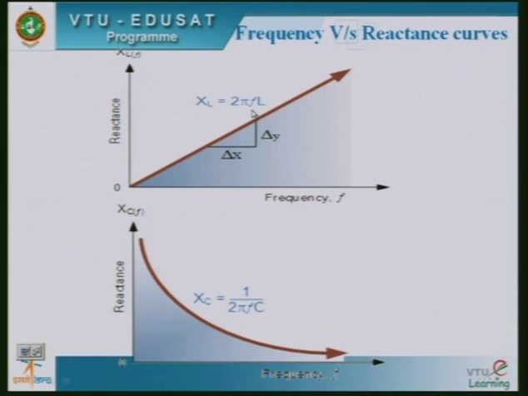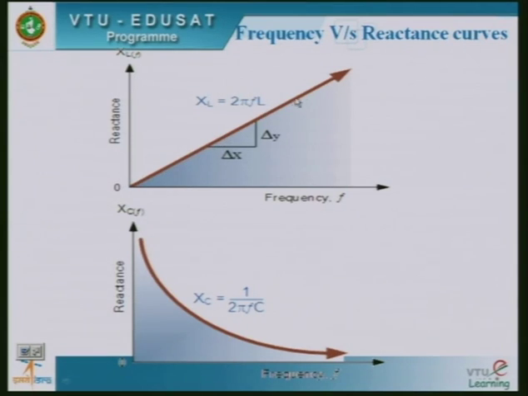Whenever F is equal to 0, that is called the DC state. At that state, the inductive reactance is also 0. If inductive reactance is 0 in the circuit, then the circuit behaves like a short circuit. As long as we increase the frequency, if F increases, inductive reactance also increases, and it is directly proportional.